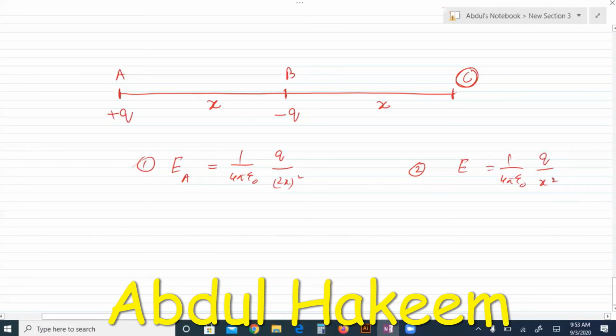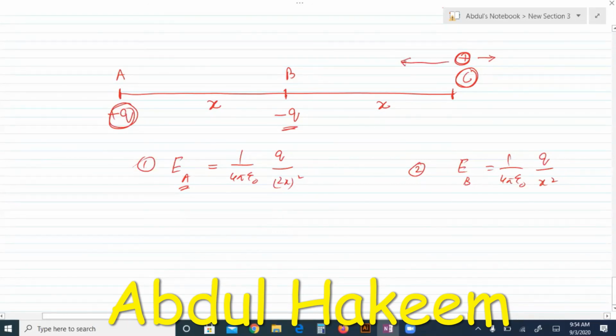So these are the two answers, one for E due to A, other for B. Now for the resultant at C, we will again place the test charge. Now this positive point charge will repel it with a small force due to the larger distance. And this negative point charge will attract it with a large force.